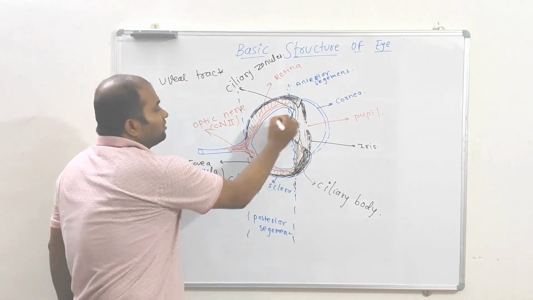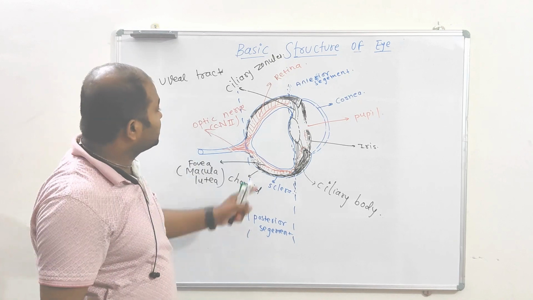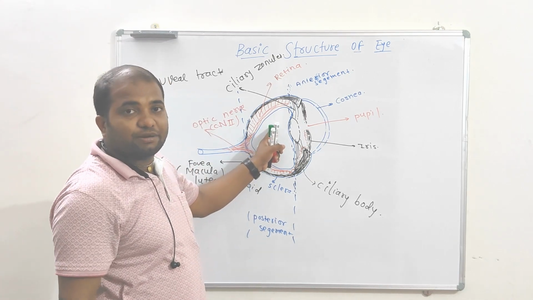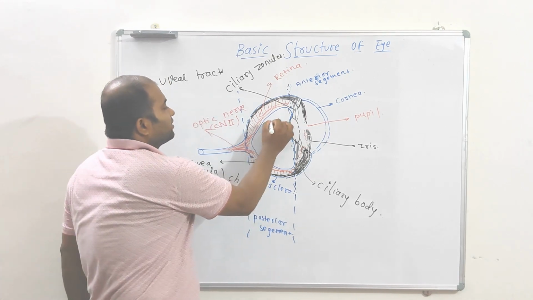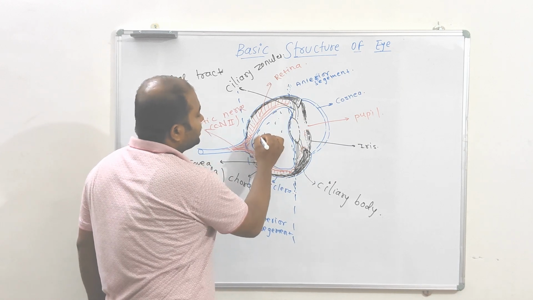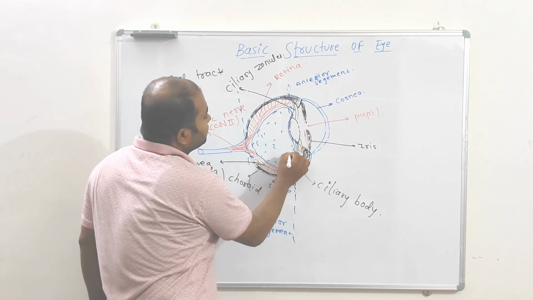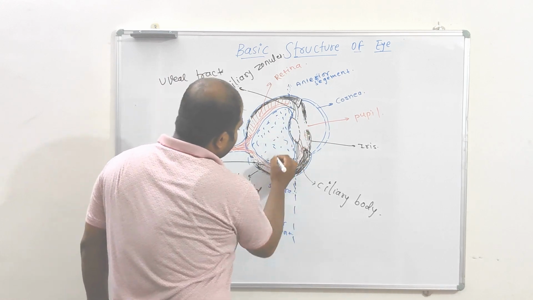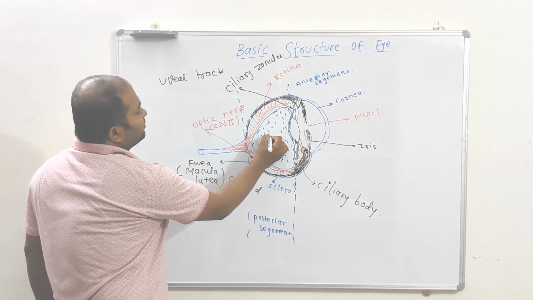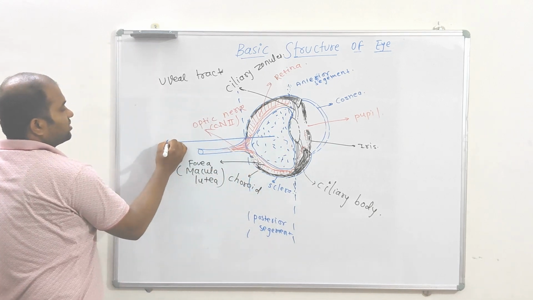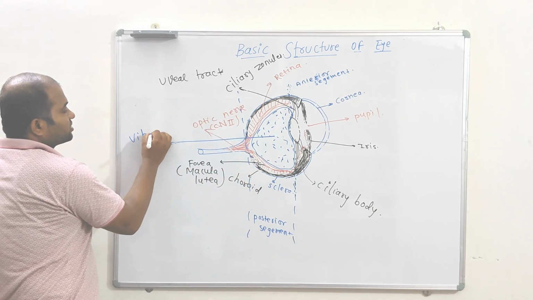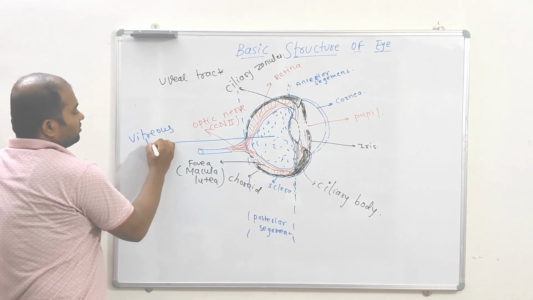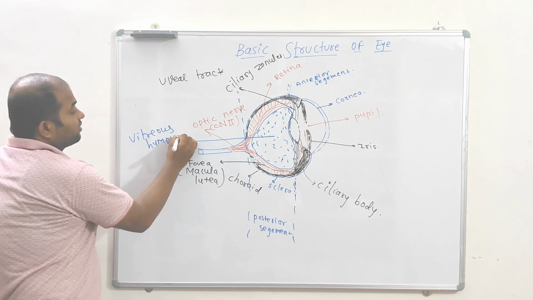This space is called the vitreous chamber, and it is not an empty space, it is filled with a fluid called vitreous humor, right?